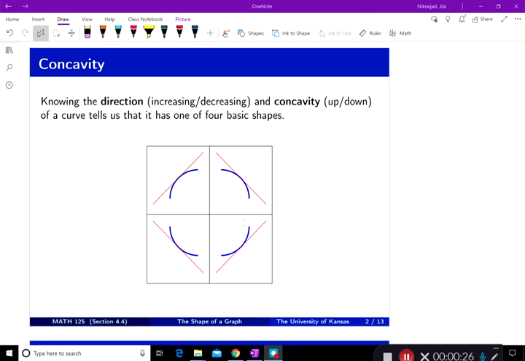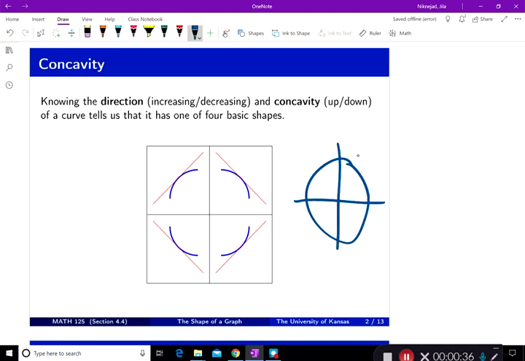So if you break down a circle into four pieces, one piece over here, and the other piece over there, and the other piece over here.